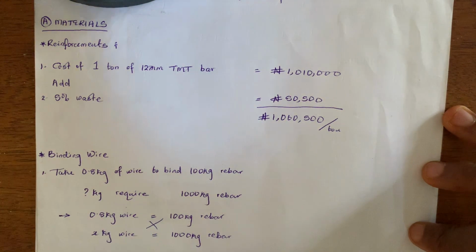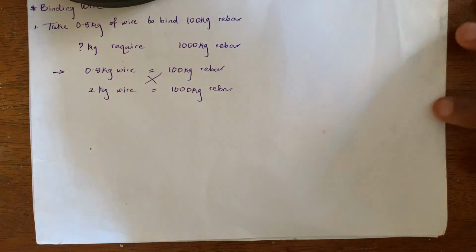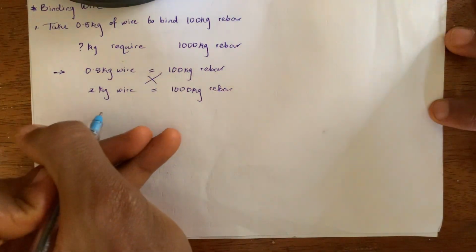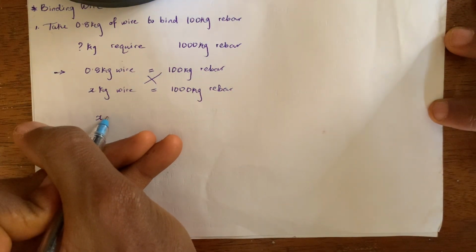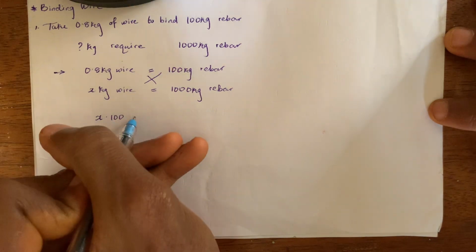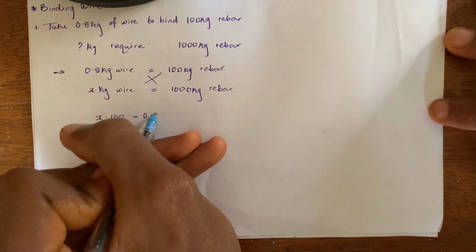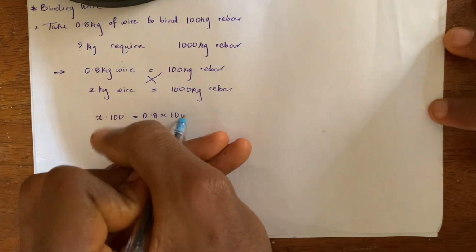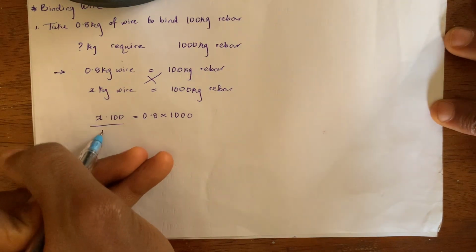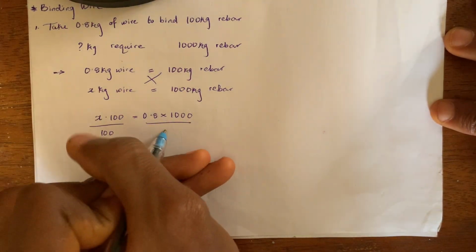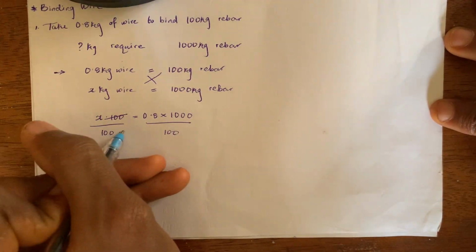So we cross multiply. After cross multiplying, x multiplied by 100 will be equal to 0.8 multiplied by 1000. Divide both sides by 100. This one cancels this.